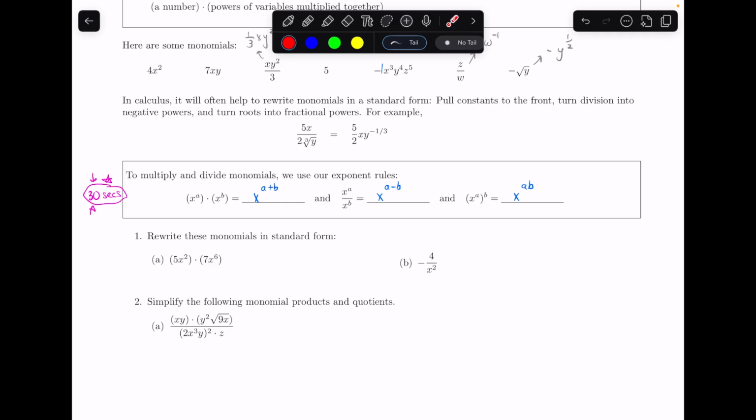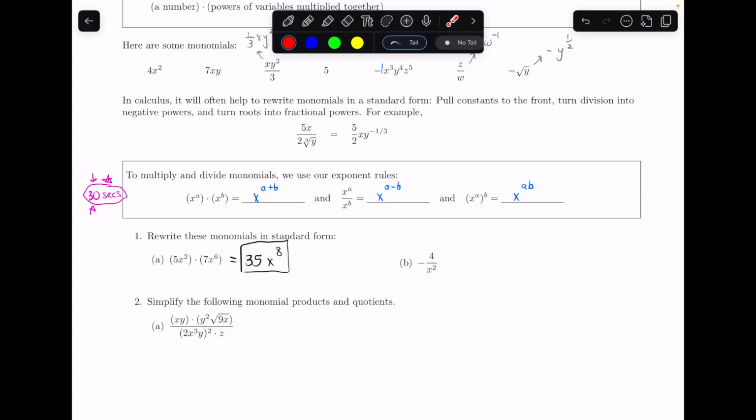So I can multiply the 5 and the 7 first, and then multiply the x terms together. Because 5 times 7, that's 35. And then for x squared times x to the 6, well, that's this addition rule. I'll get x to the 8, adding the powers together. And okay, that's my answer. I got the number in front times my variable to a power.